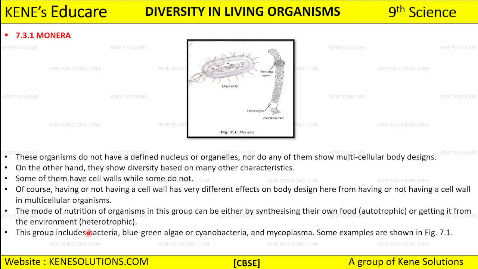I want you all to remember these examples of organisms which come under kingdom Monera: bacteria, blue-green algae or cyanobacteria, as well as mycoplasma. Some examples have been shown in figure 7.1 that you can see on the screen. This is a bacteria, which is an example of Monera, and we have this Anabaena.